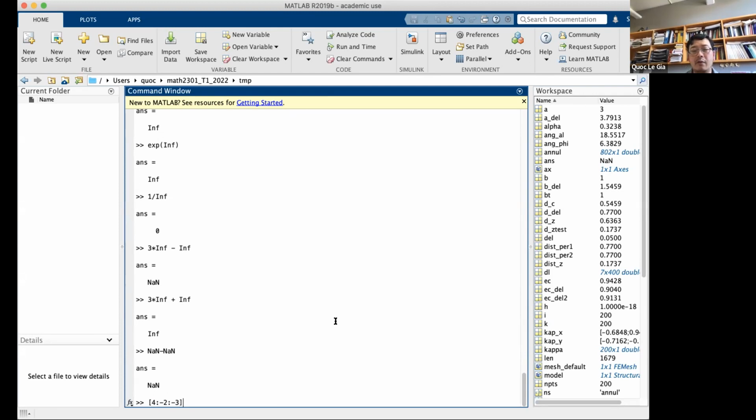Yes, because 4 you decrease by 2, then you get 2, you decrease by 2, you get 0, you decrease by 2, you get minus 2, and you cannot go further, because there's a minus 3 here. It prevents you from going down to minus 4. And now if I have 1 colon 4 transposed, this is just a column vector from 1 to 4.